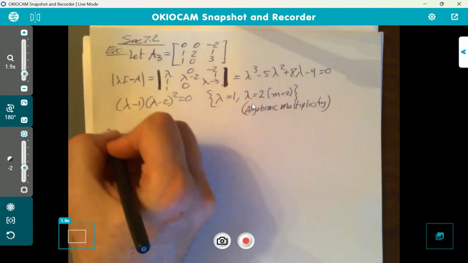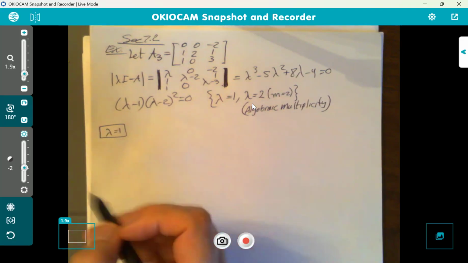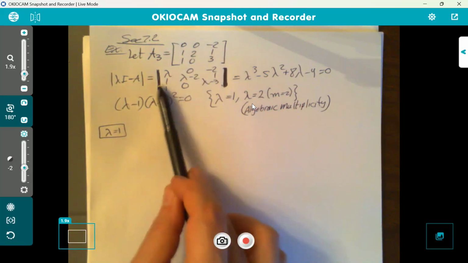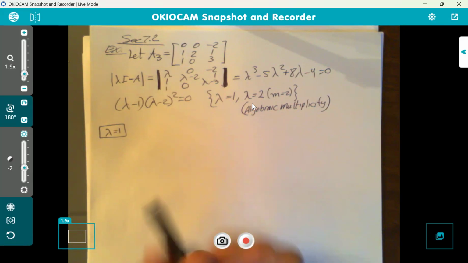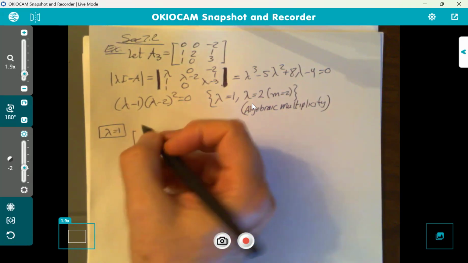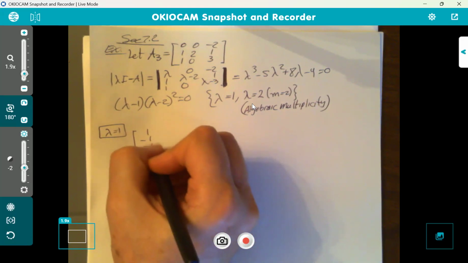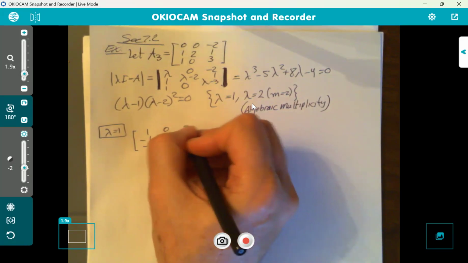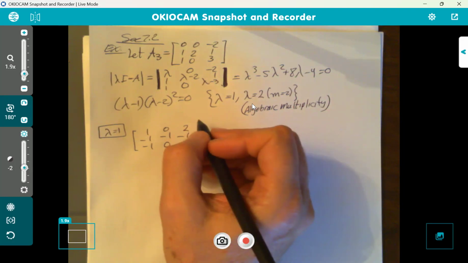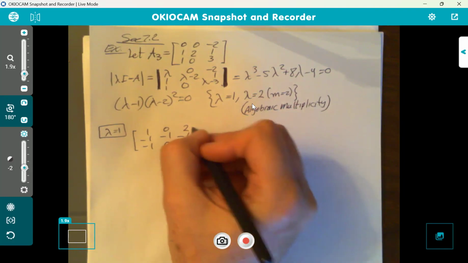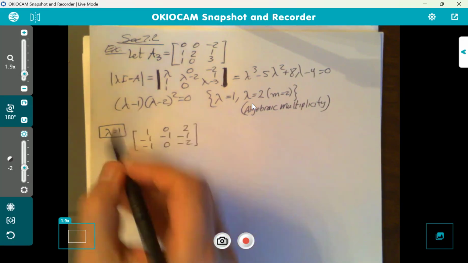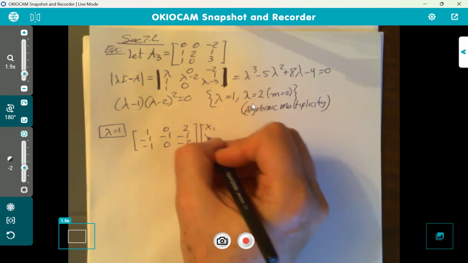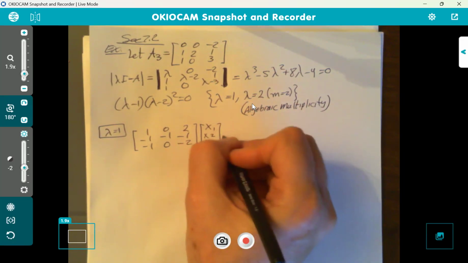Now, plugging λ = 1, the eigenvalue, into this matrix, into λI − A, when we do, we're going to get 1, negative 1, negative 1, 0, negative 1, 0, 2, negative 1, negative 2. That's this λI − A. And remember, just like before, we're looking for a non-trivial solution to the homogeneous system.